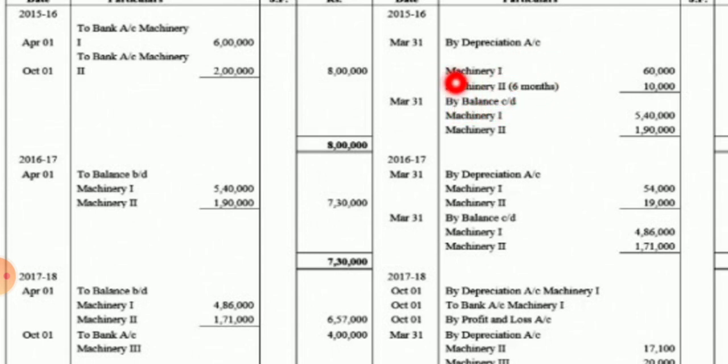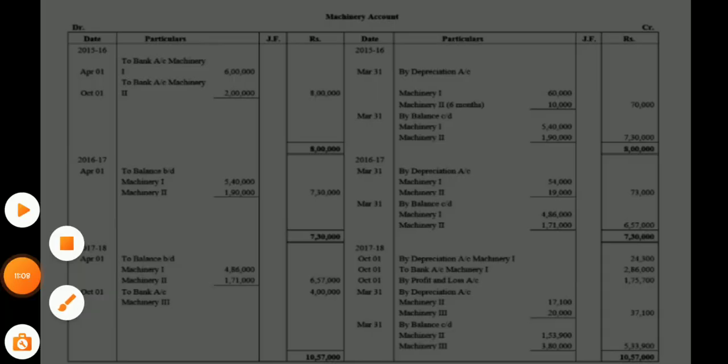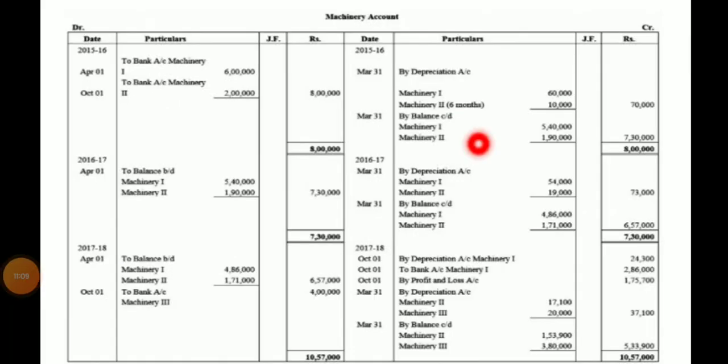So for the first machinery 10% depreciation is 60,000 and for the second machinery it is for 6 months. Okay. So for the second machinery it will be 10,000, that is 70,000 in total, and a different balance series should be calculated because it will make your calculation in the sale of machinery quite easy.